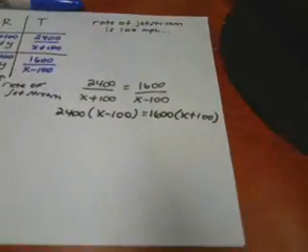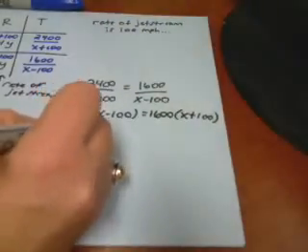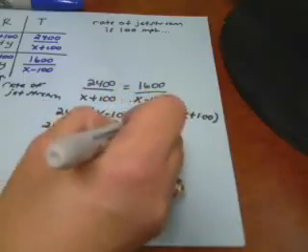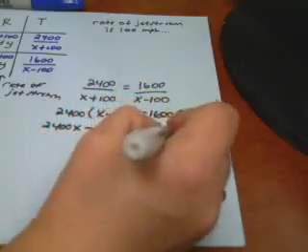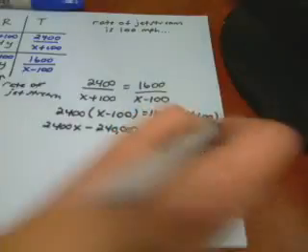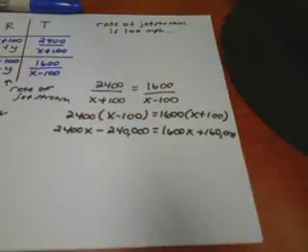Then I'm going to distribute. So I get 2,400x minus 240,000 equals 1,600x plus 160,000. And now what? Now you've just got a multi-step equation where you've got to get the variables on one side and the numbers on the other.